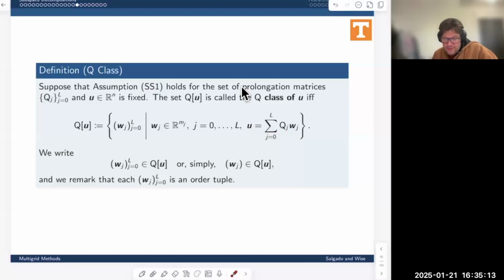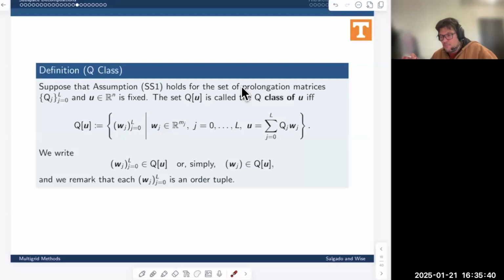Well, now we said for the hierarchical basis, there's only one way to do this. So that means in the Q class, there's only one set of vectors which are going to work. There's a unique set. It's kind of like saying it has a unique representation. However, for other classes of prolongation matrices, these representative vectors, WJ, these coordinate vectors, are not necessarily unique.